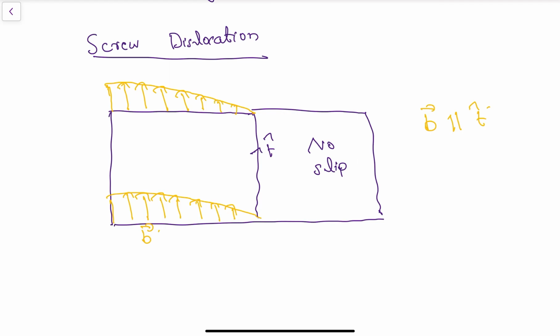So for this slip, we call it screw dislocation. It is just like twisting the atoms along the dislocation line, with the dislocation line as the axis. That is why this is called a screw dislocation.